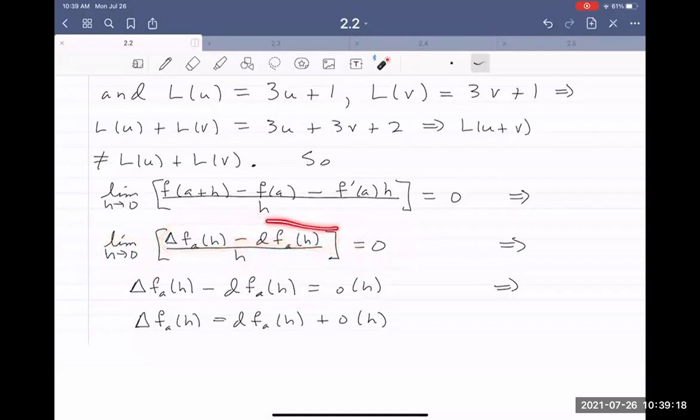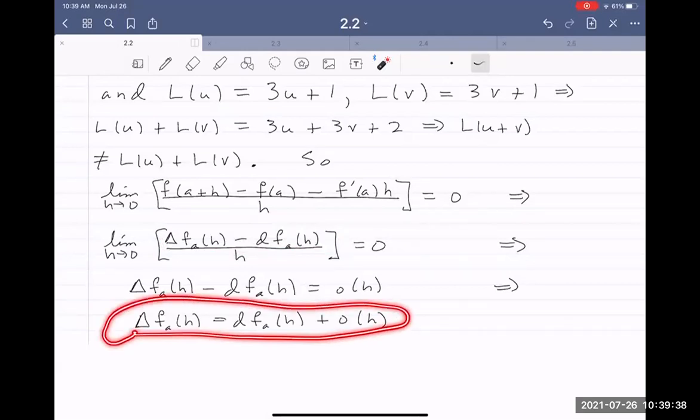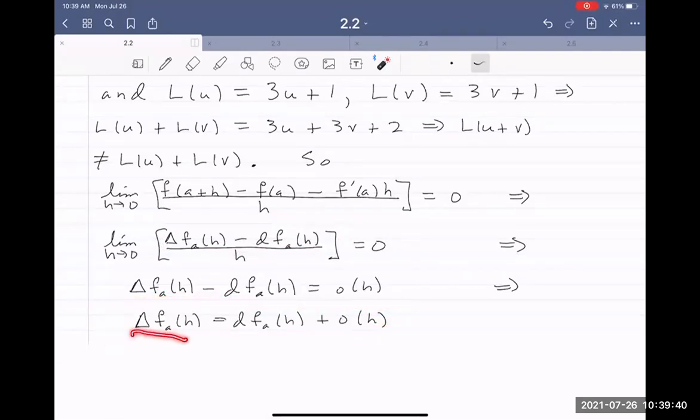Therefore, this quantity here is little o. And so I have that delta f sub a at h minus d f sub a at h is little o of h. Let's bring this to the other side of my equation. So delta f sub a at h is equal to d f sub a at h plus little o of h.